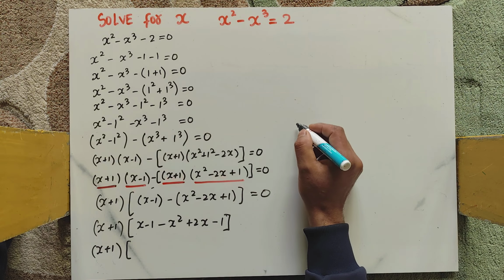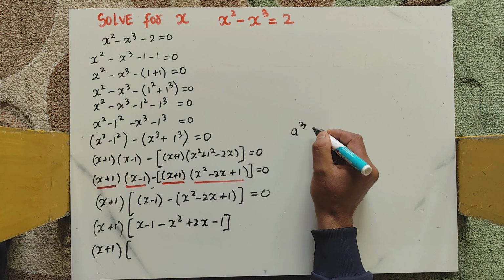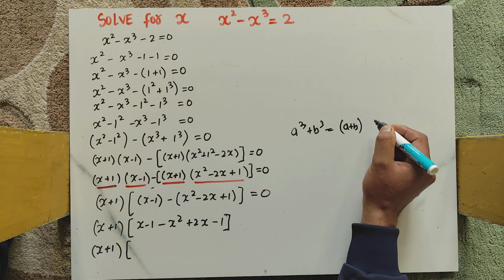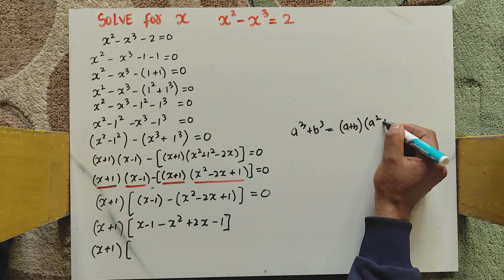Here I have done a mistake, because we know that a cube plus b cube is equal to a plus b times a square plus b square minus ab. The 2 is not here.